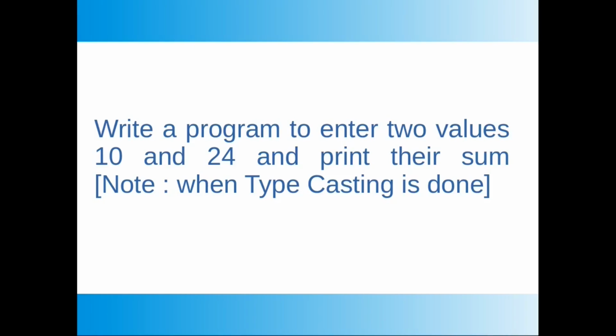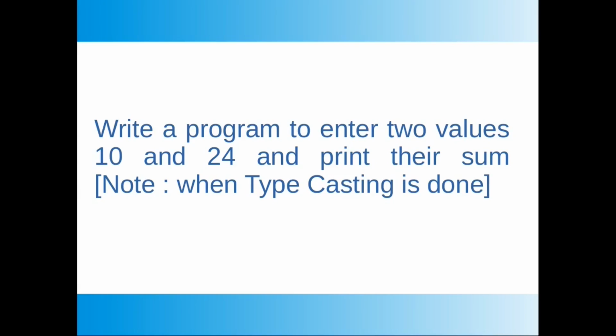Now let us take the same program, where we will enter the two values 10 and 24 and print their sum. Here we will use the concept of typecasting and see how the output changes.